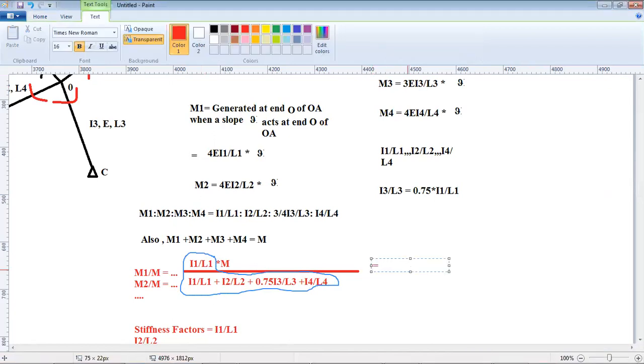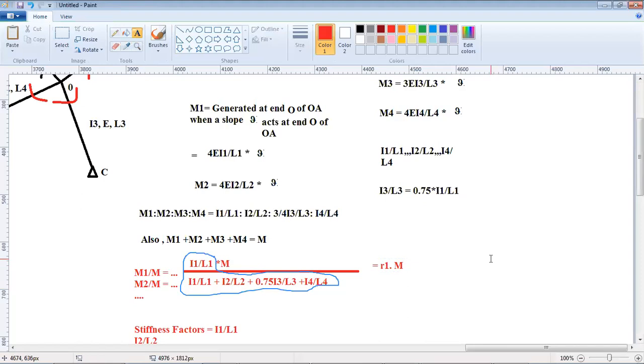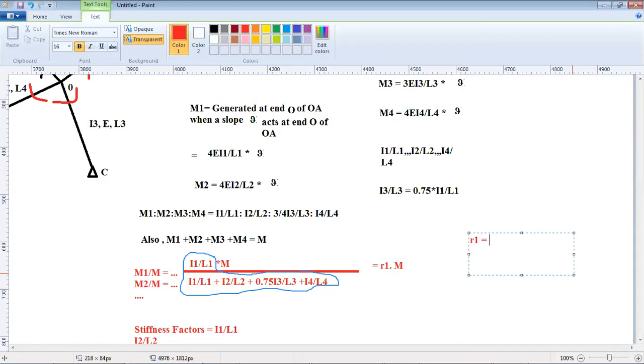We can call that R1 for this member, and it will be equal to into M. So the ratio R1 is I1 by L1 divided by I1 by L1 plus I2 by L2 plus so on. So what is R1 now? What do we mean by R1? R1 is the moment distribution factor.